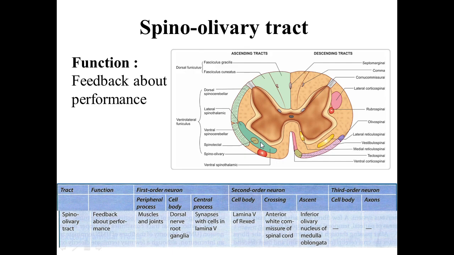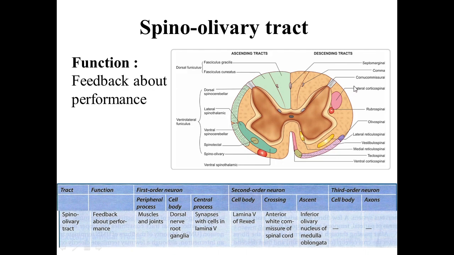Then the next tract is the spino-olivary tract. The spino-olivary tract provides feedback about the performance, and the peripheral processes arise from muscles and joints.